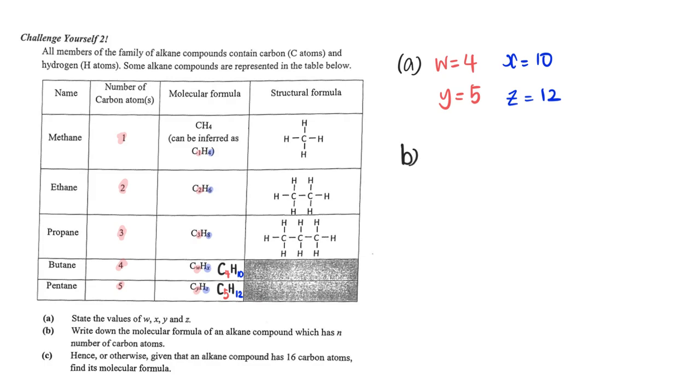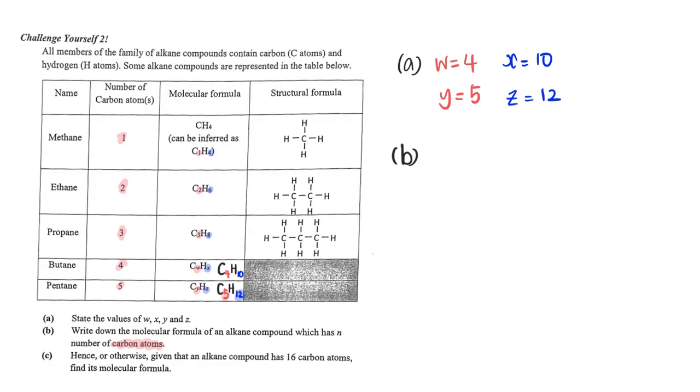Now, for part B though, write down the molecular formula of an alkane compound which has n number of, very important, carbon atoms, meaning that they would want us to write down the C in terms of n for the number of carbon atoms as well as the hydrogen. And so I'm going to do this separately.